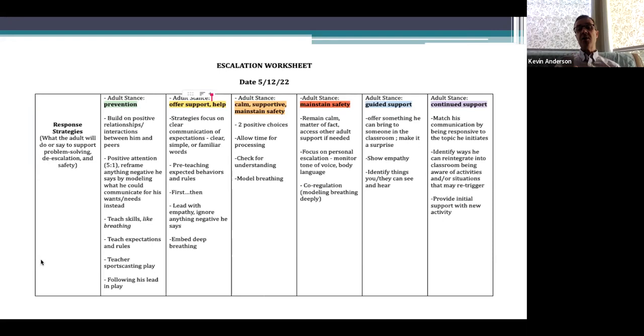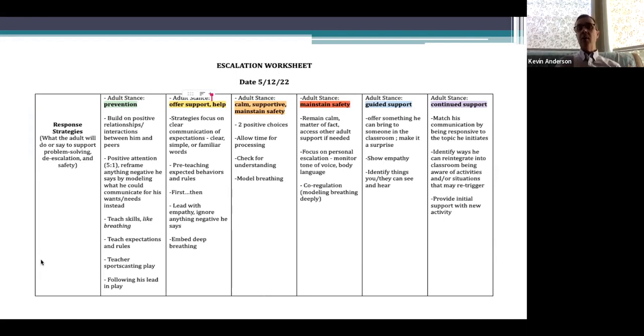As a prevention strategy, as an adult, I'm giving positive attention. We're going to talk about, and I'm sure some of you have heard about, 5 to 1. We can teach skills like deep breathing, like blowing out the candle. This is our opportunity to teach our rules and our expectations. We can be sportscasting.